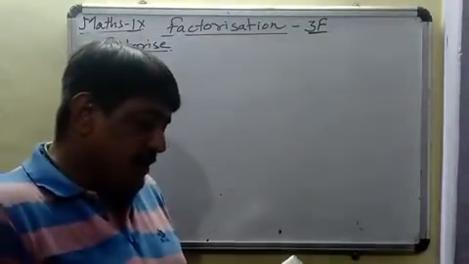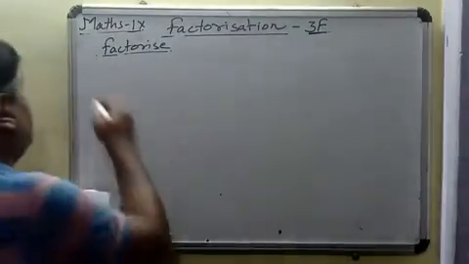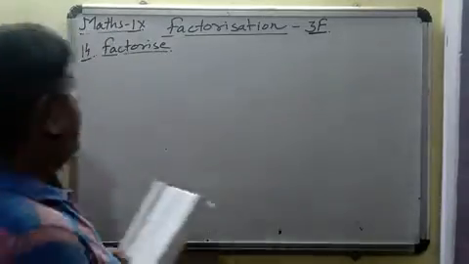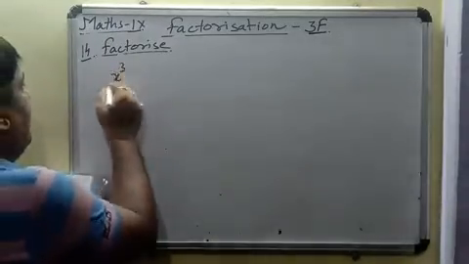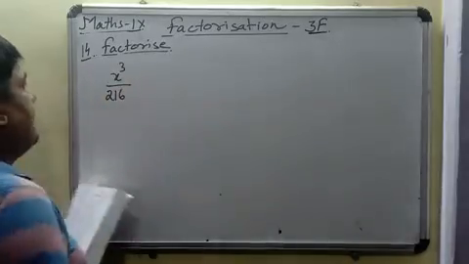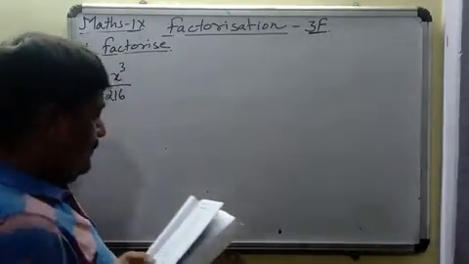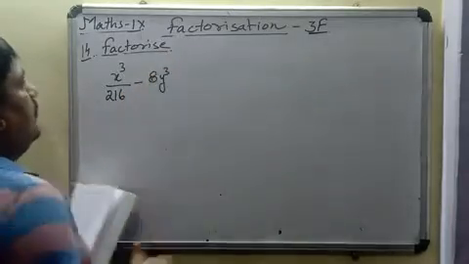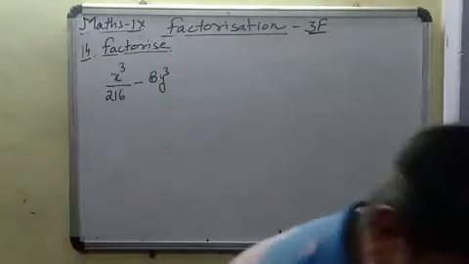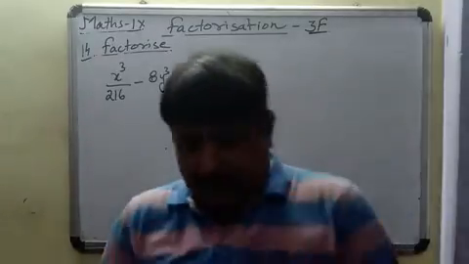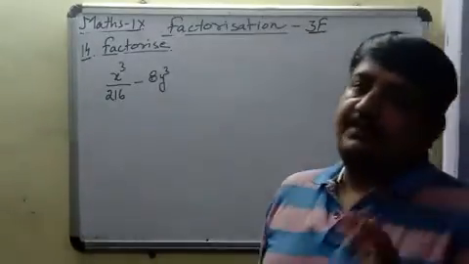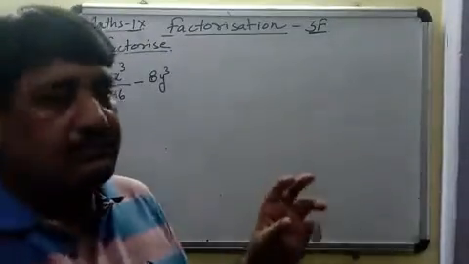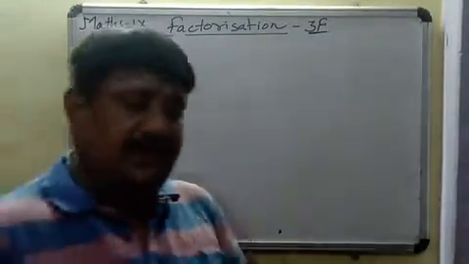So come on to question number 14. 14 is saying factorize x cube upon 216 minus 8y cube. See, if you have learnt the perfect squares and perfect cubes, you can do this question in less than 1 minute.